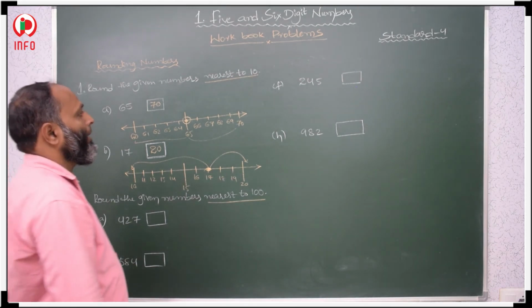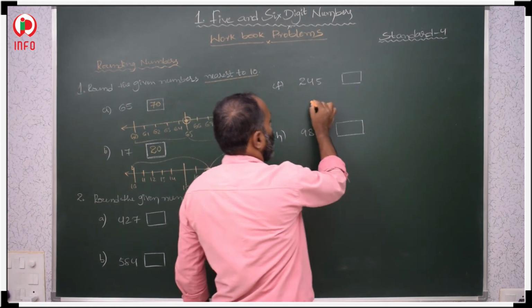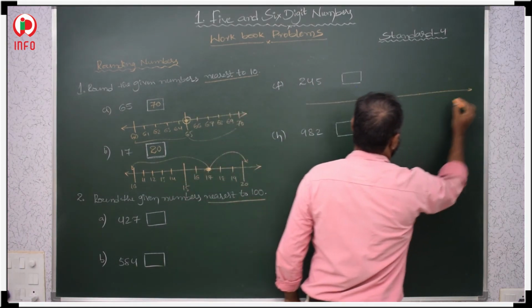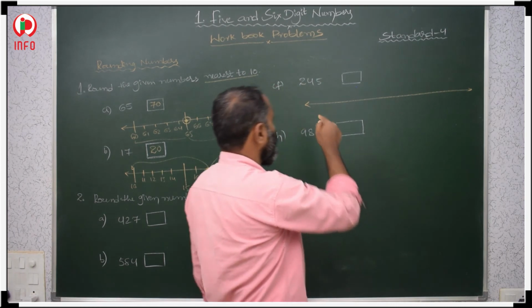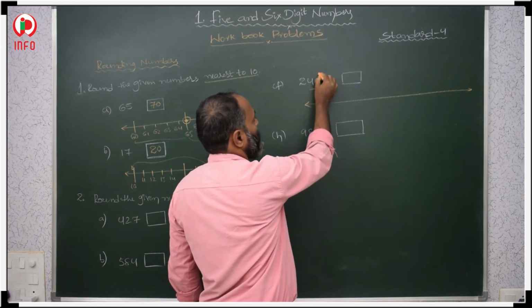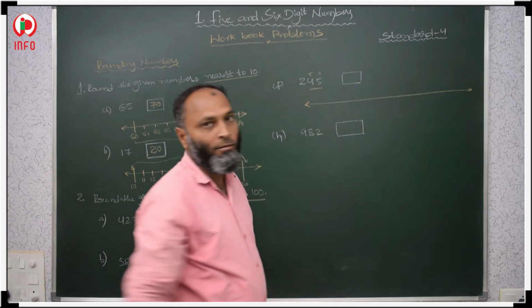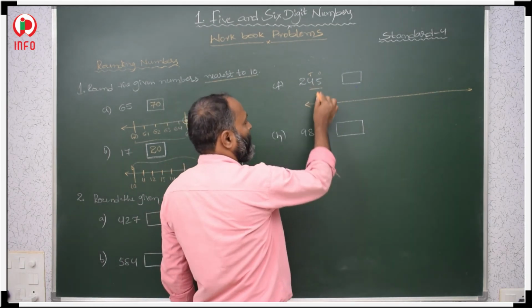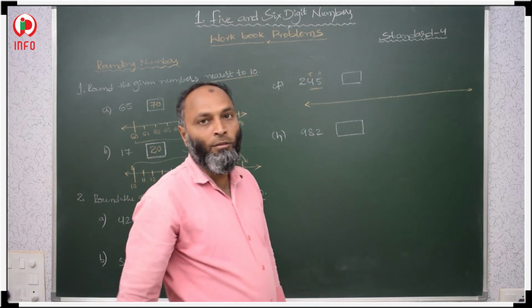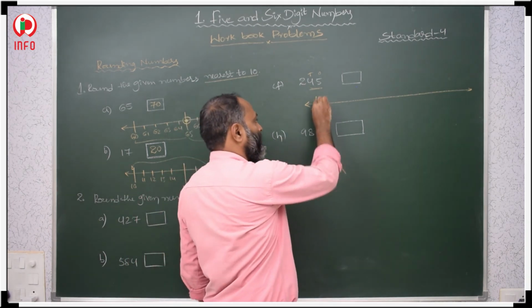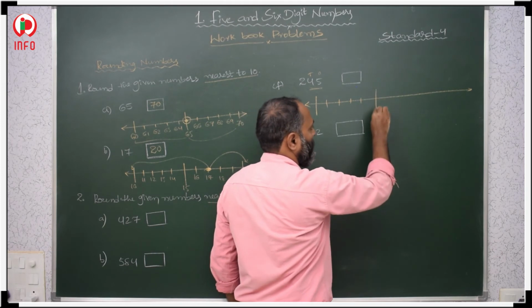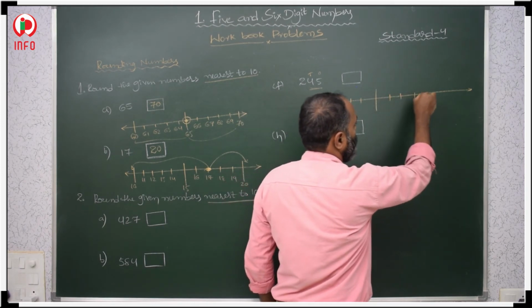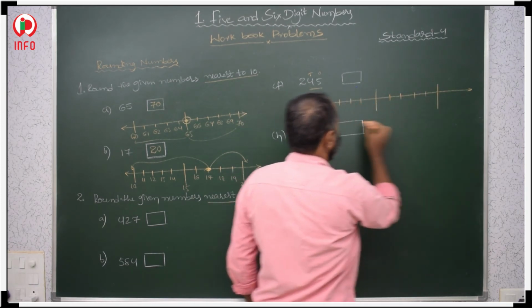Now here 245. Now 45, you take the nearest ten. Only tens you have to take. So 45 is in between 40 and 50. 40, 41, 42, 43, 44, 45, 46, 47, 48, 49, 50.